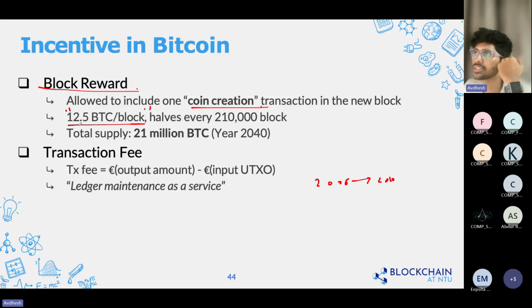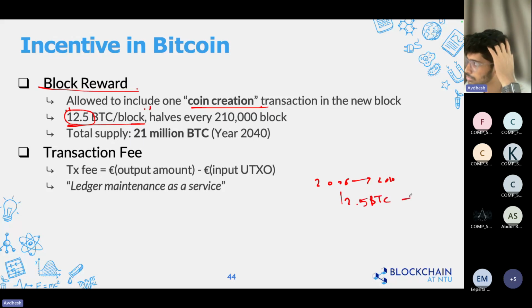So it made sense to have 12.5 Bitcoins per block as a reward mechanism. Let's suppose you add one block, and you get 12.5 Bitcoin, which was back then maybe even less than $12. But for the sake of this argument, let's just say 12.5 USD, right?